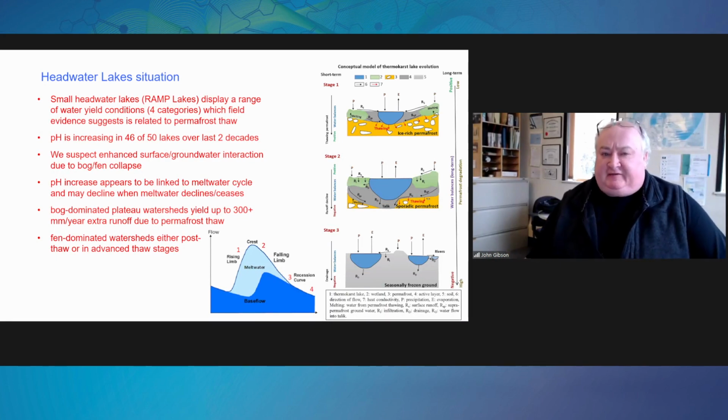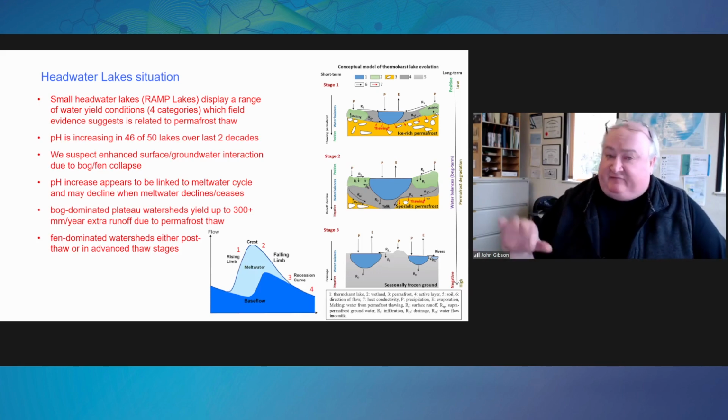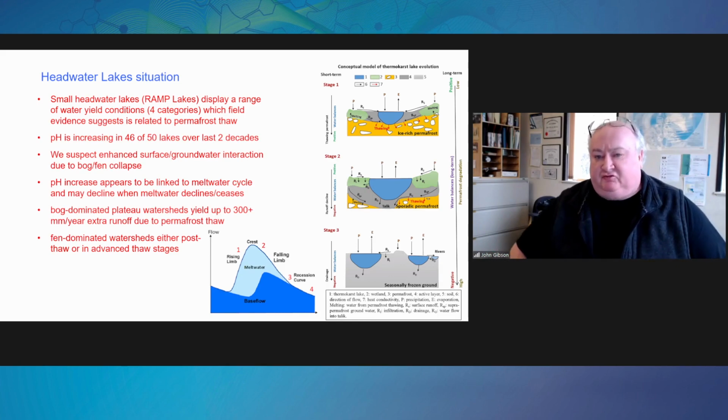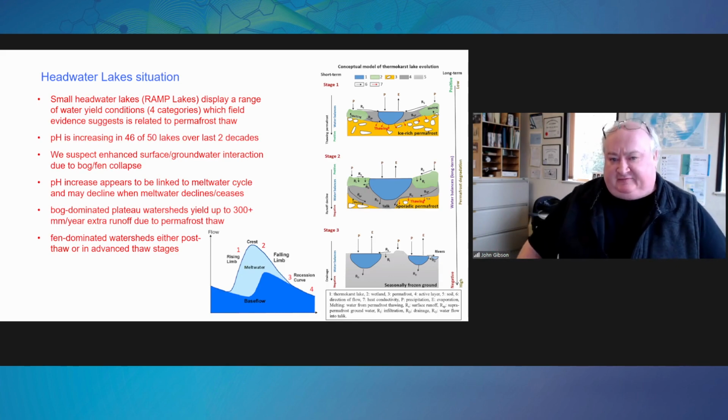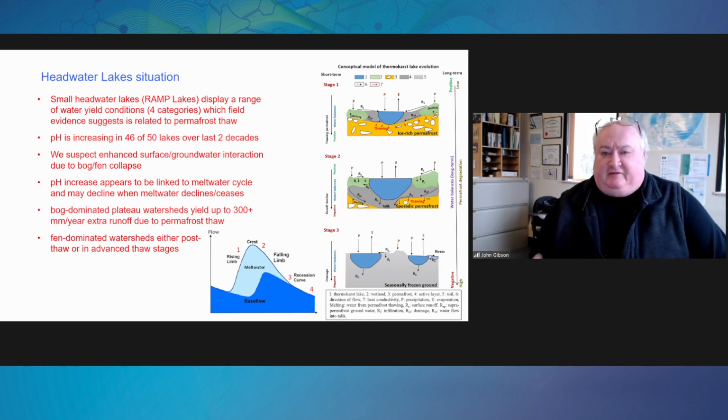The headwater lakes tell us a lot about the impact of permafrost thaw and changes in ice cover and so forth, and changes in CO2 are part of that story, as Francisco mentioned. But the lakes display a range of water yield conditions. I showed you the way we classified.